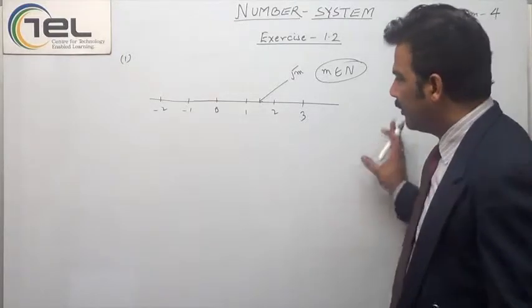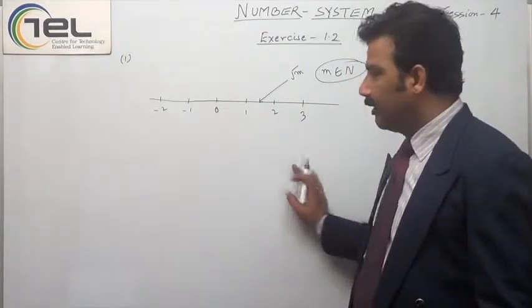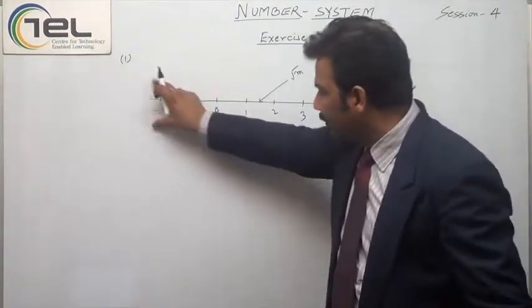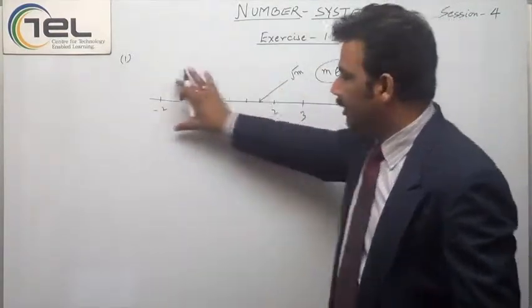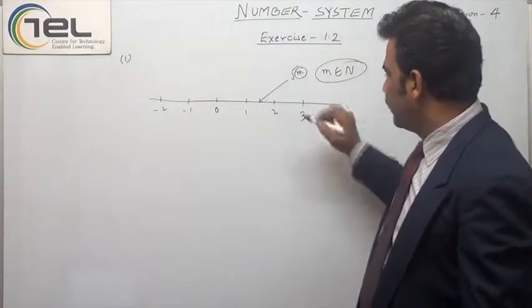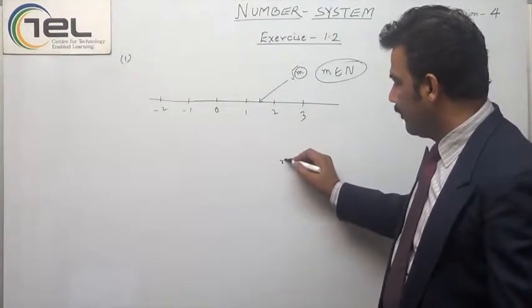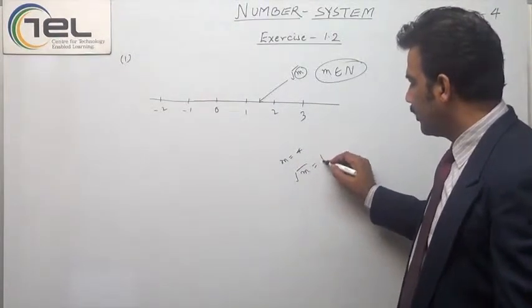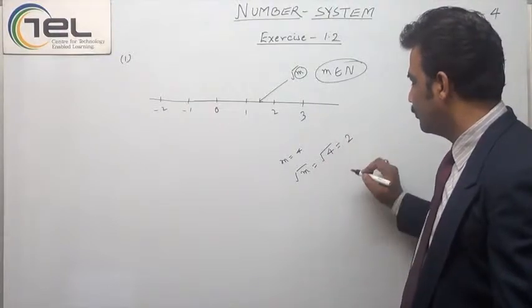Now, what they want to say here within the number line is this. Let's say I take m as 4, and square root of m is square root of 4, which is 2.